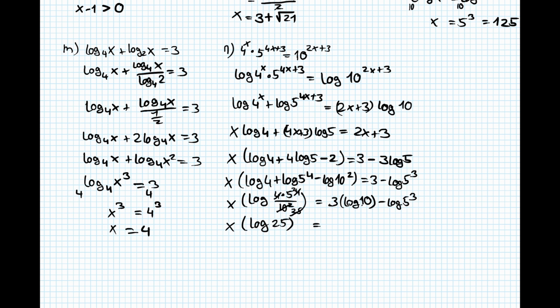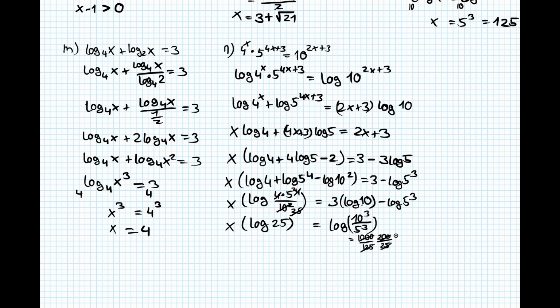It's equal to log 10 to the power of 3 minus log 5 to the power of 3 is equal to log 10 to the power of 3 divided by 5 to the power of 3. And this part here is just 1000 divided by 125. If we divide this all by 5, we're left with 200 divided by 25.